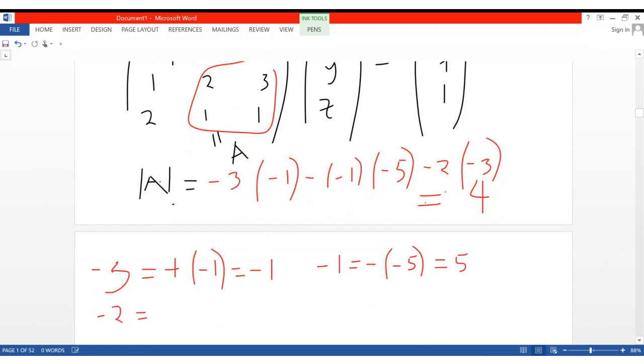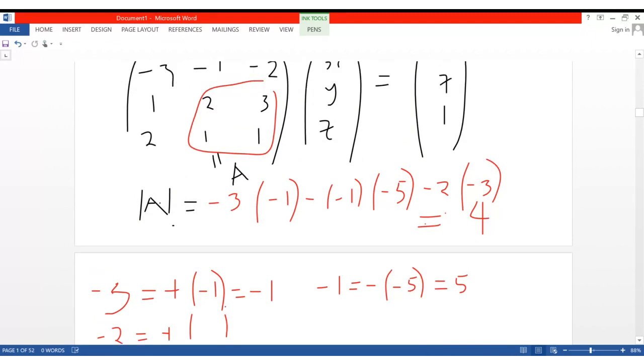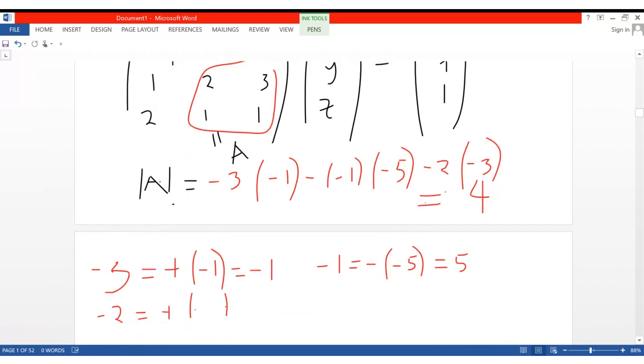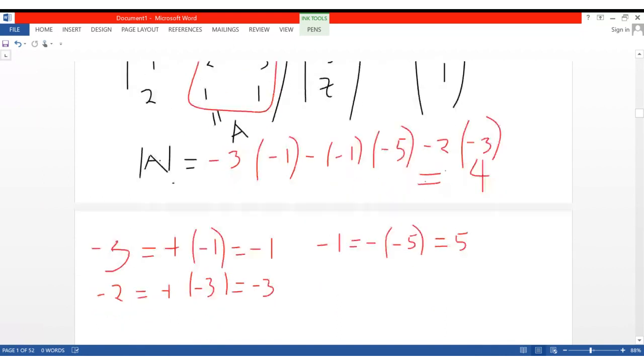The sign is positive. When you block, you remain with 1 times 1, that is 1. 1 minus 4, you remain with negative 3. The sign is positive, so negative 3. We'll go to element 1. The sign is negative.